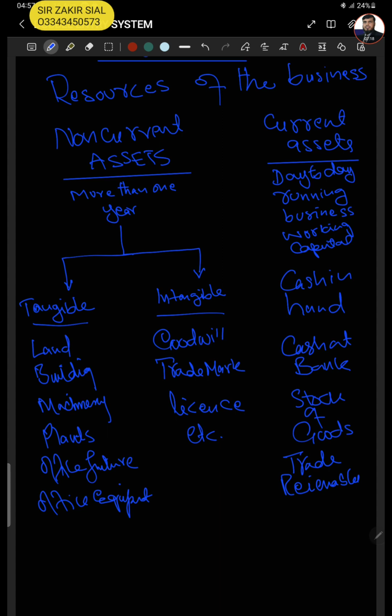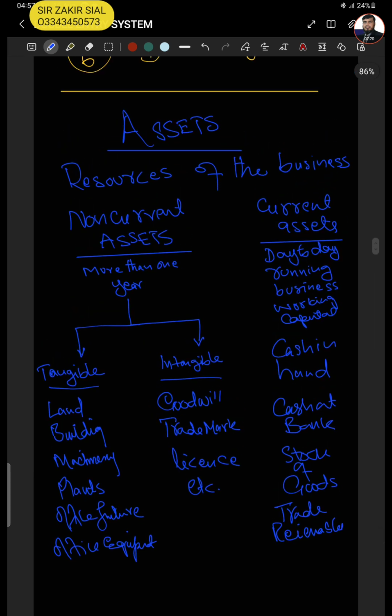Hope you have got the assets. Assets are resources of the business: non-current assets and current assets. Non-current assets are for more than 1 year, tangible and intangible. Tangible assets are land, building, machinery, plants, office furniture, office equipment.